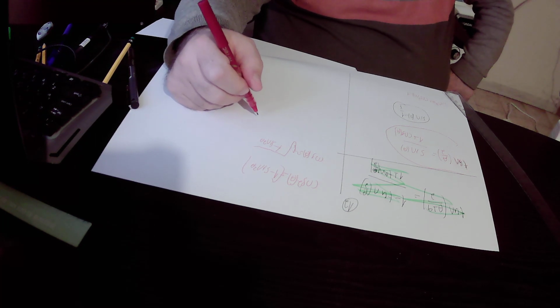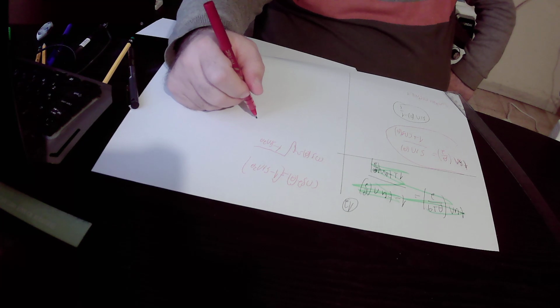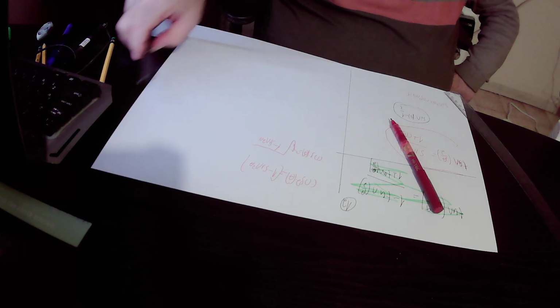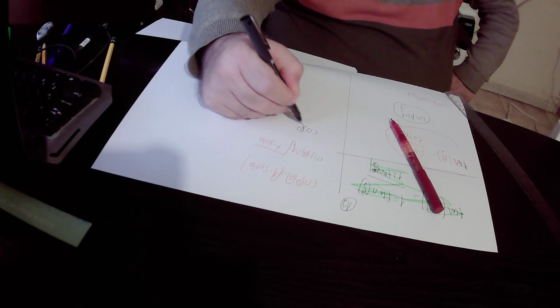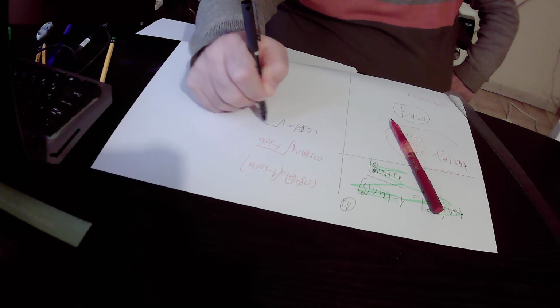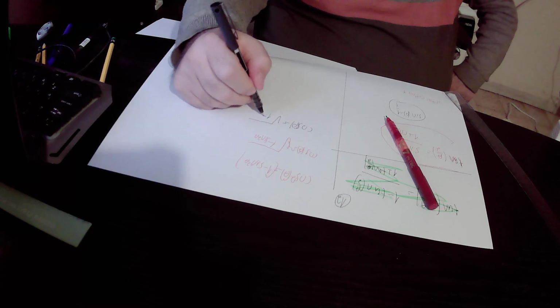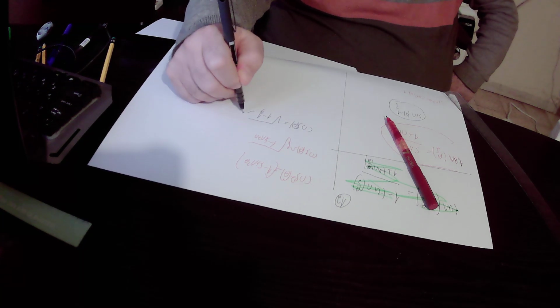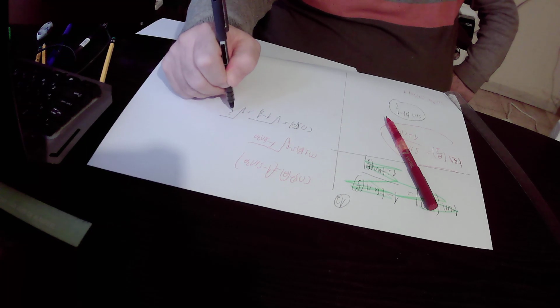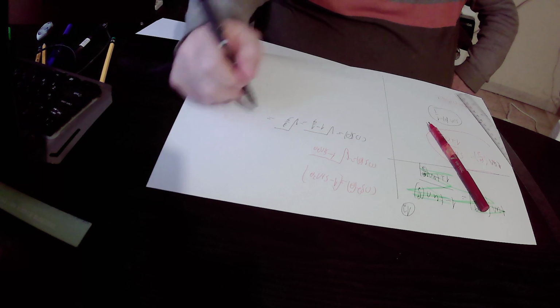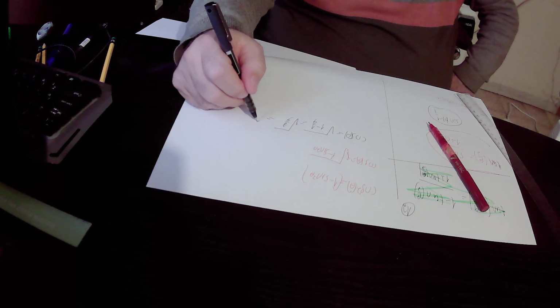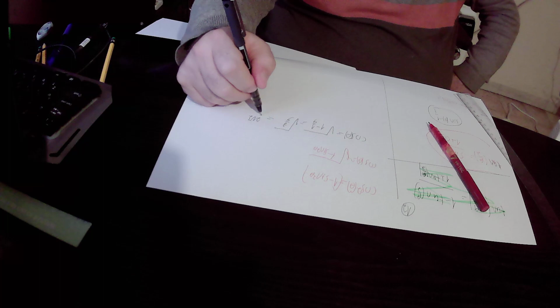So if sine theta equals 1 over 3, then sine square theta will be equal to 1 over 9. So cosine theta is equal to the square root of 1 minus 1 over 9. 1 minus 1 over 9 is 8 over 9, and the square root of 8 is 2 times square root of 2, and the square root of 9 is 3.